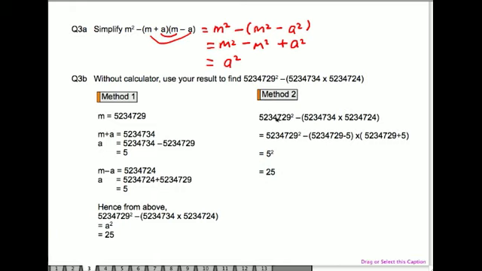So m squared minus these two numbers is written as m plus a, m minus a, which in this case, on careful examination, this number here is m minus 5, and this number here is m plus 5. And when we multiply out just like the first part, it gives us the result of a squared, which in this case a is 5, giving us 5 squared, which is 25.